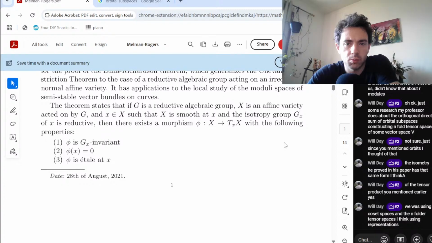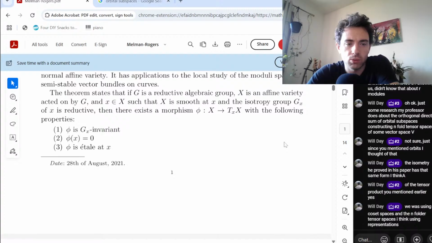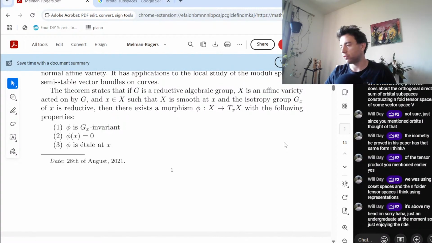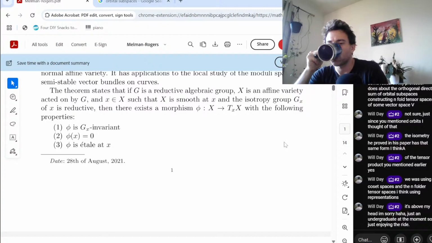G is a reductive algebraic group, X is an affine variety acted on by G, such that X is smooth at x and the isotropy group is reductive, which is also the case here. Then there exists a morphism into the tangent bundle.